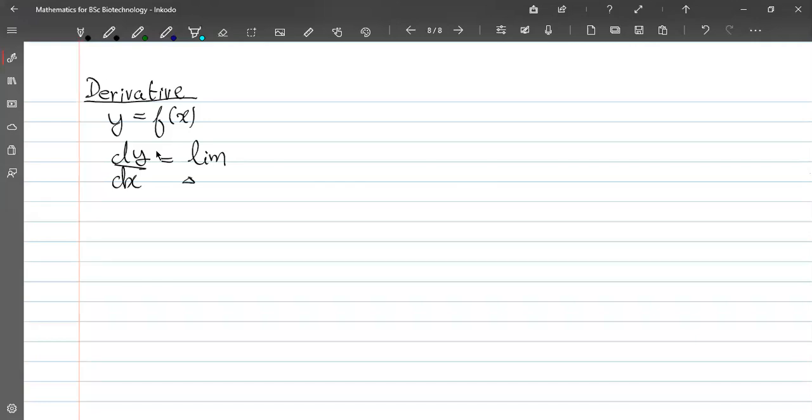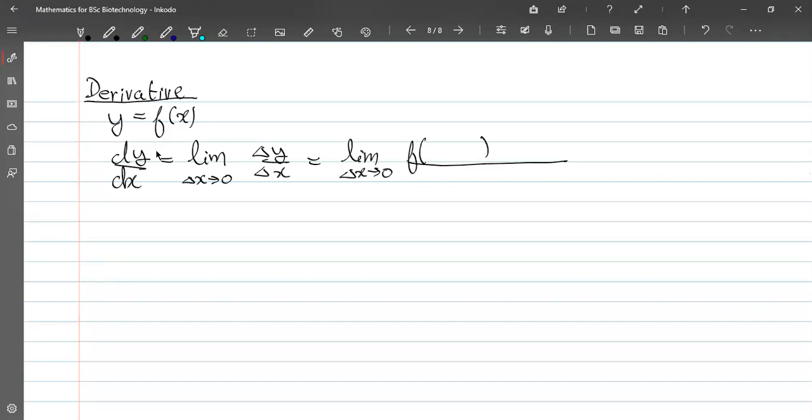the limit as delta x approaches 0 of delta y upon delta x, or the limit as delta x approaches 0 of, now this is what we really need.